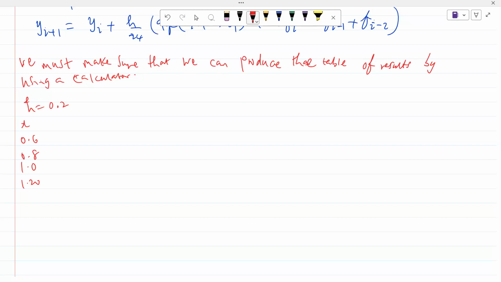Then you would have the values of y. We use the predictions 1.7379, 3.0145, 3.2817, 3.5199.